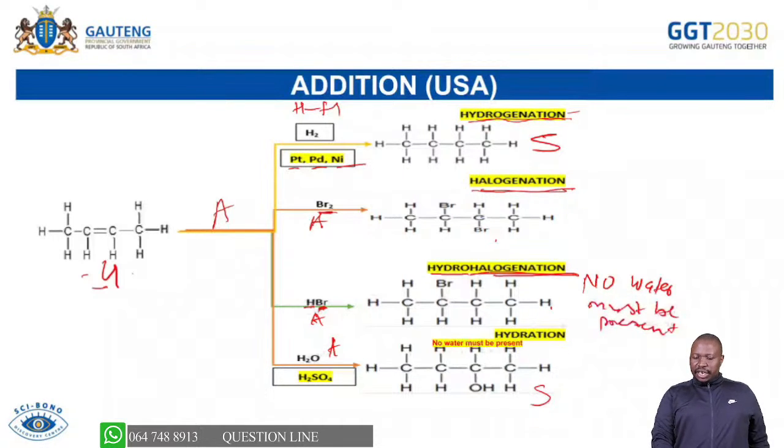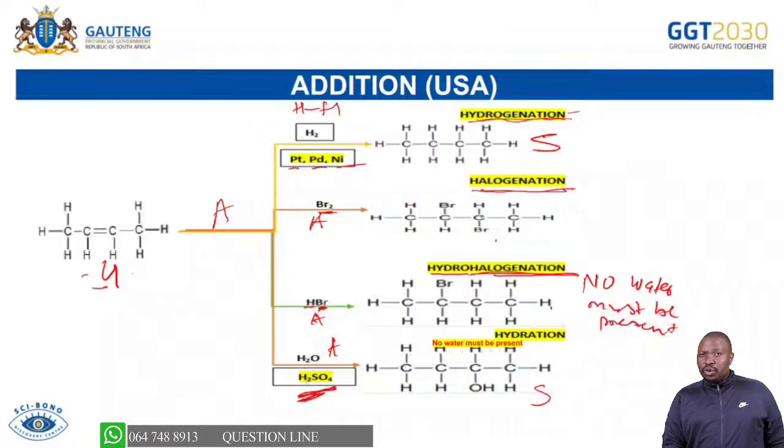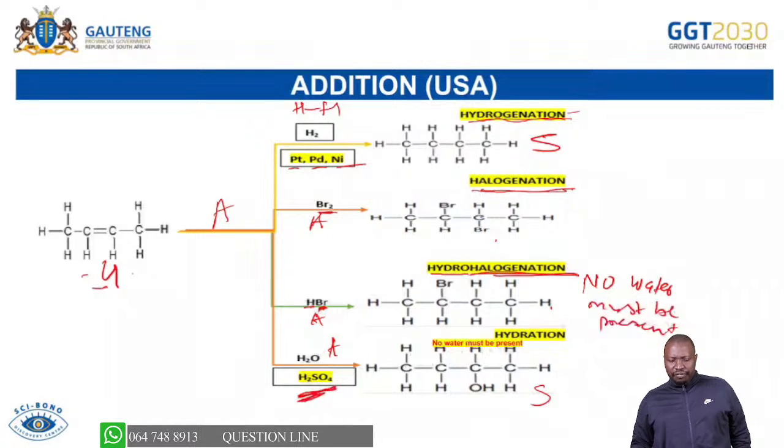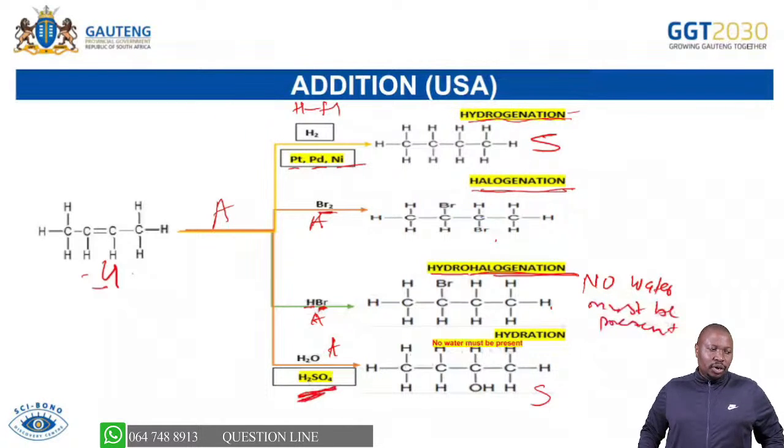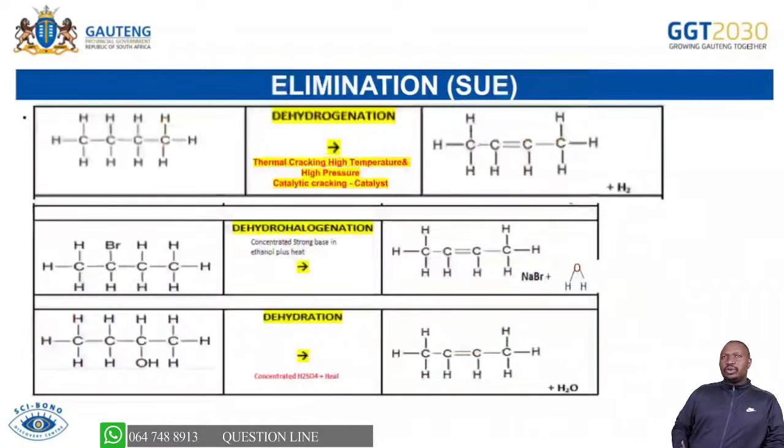And for hydration, remember, when there is water, sulfuric acid wants to be there. So when you see water, you think about sulfuric acid as one of the catalysts or reaction conditions, with the exception of substitution, because in substitution we use mild heat when we're using water during a hydrolysis, which is what we are going to do.